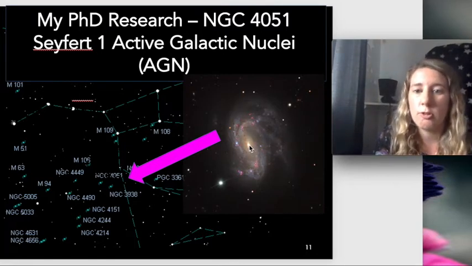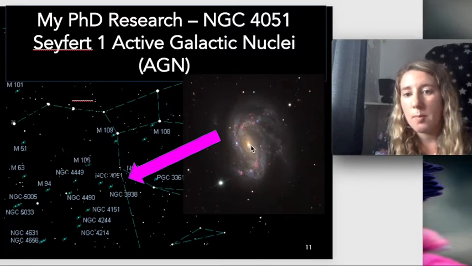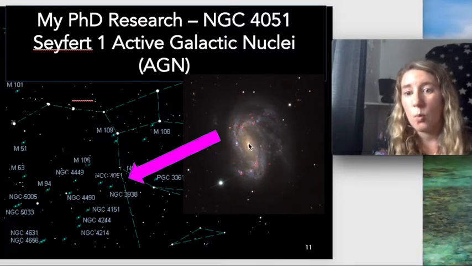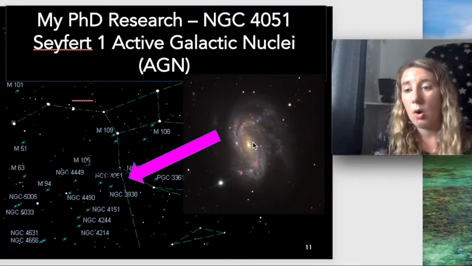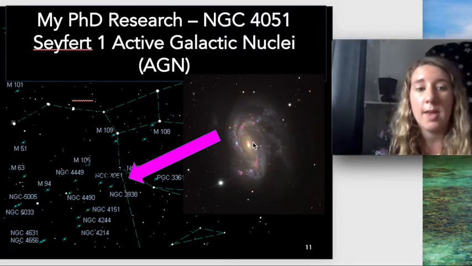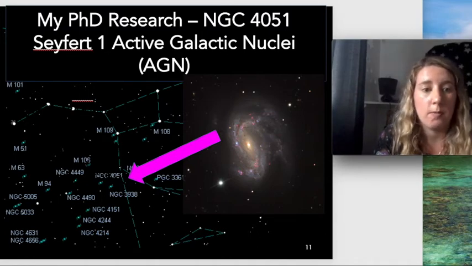You would just see some radio emission from the very center, where the material is spiraling around magnetic fields near the actual edge of the supermassive black hole.